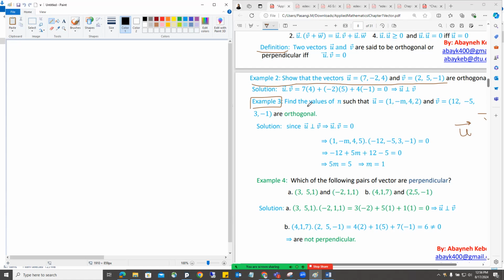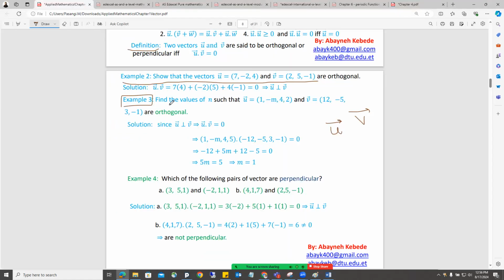So what they're telling is, find the values of n. The vector u says 12 there, but in the answer it says -12? Oh, I see. Here it should be a minus 12. Okay, that's fine.